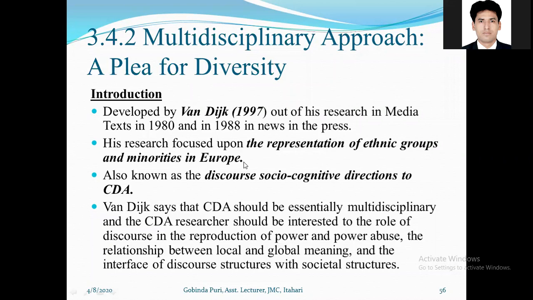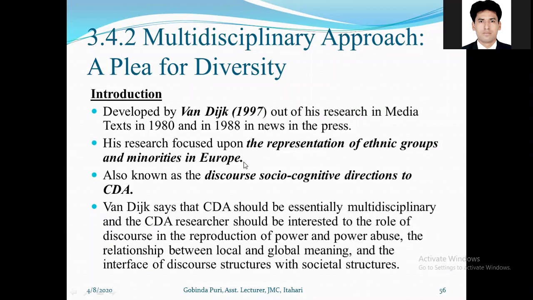Okay, so let me go ahead. This is also called the discourse socio-cognitive direction to CDA, and Van Dijk says that CDA should be essentially multidisciplinary, and CDA researchers should be interested in the role of discourse in the reproduction of power and power abuse, the relationship between local and global meaning, and the interface of discourse structures with societal structure.